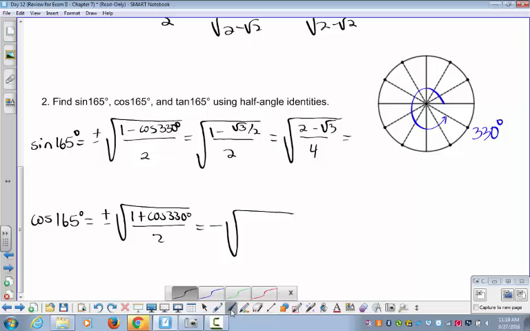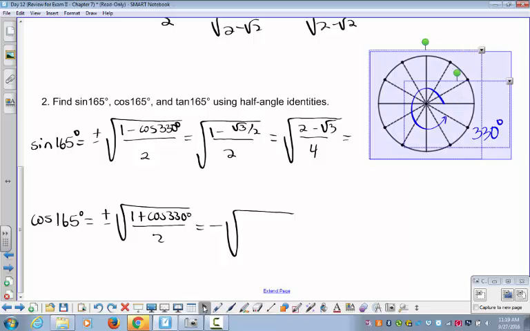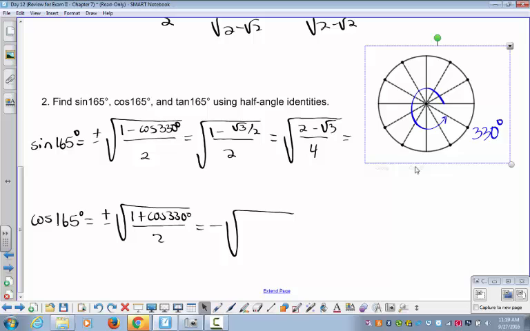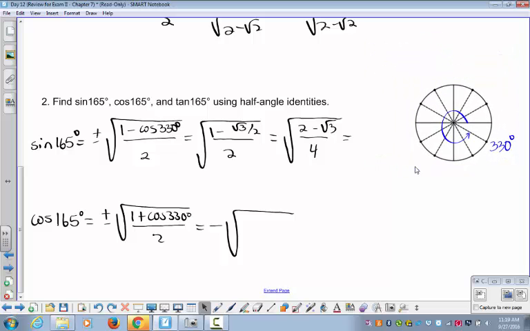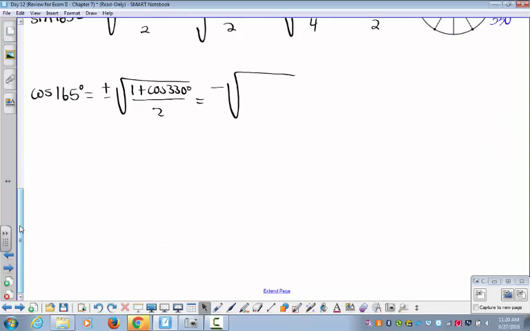And that allows us to simplify into the following expression. The numerator will be square root of 2 minus root 3. The denominator will be 2. So that's sine of 165.